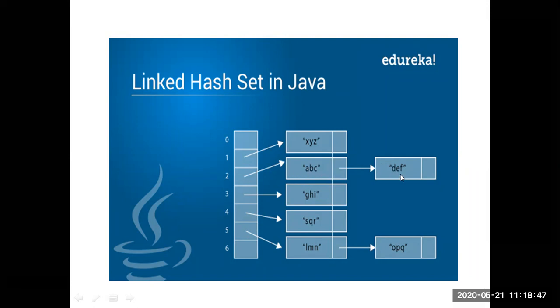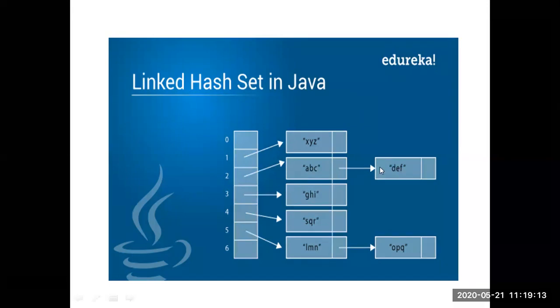After some time, element DEF has occurred. After applying the hash function to DEF also, the same location 2 has occurred. That means for the elements ABC and DEF, the same location is given by the hash function. Then how will it store 2 elements in the same bucket?